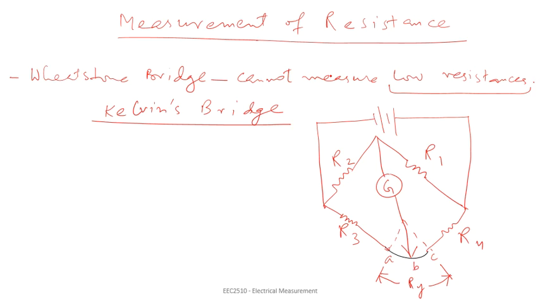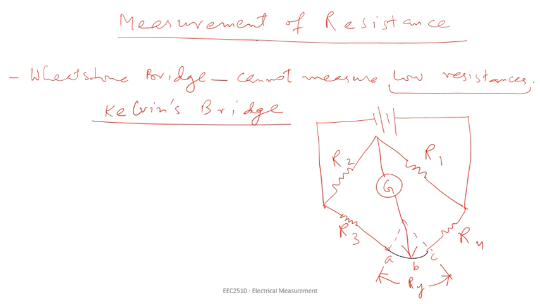Let us suppose this is that contact resistance Ry. This is just a modified form of Wheatstone bridge which I have drawn. We will use this circuit to understand how we can measure low resistance by using the Kelvin's bridge without the introduction of this contact resistance.